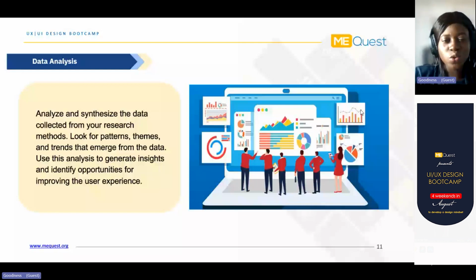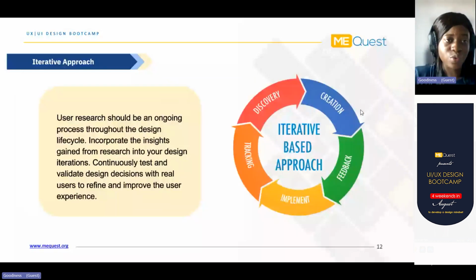Use this analysis to generate insight and identify opportunities for improving the user experience. When you gather all of this data, you are able to know, okay, this is what the user wants, this is what they don't want. I think this is what we should add, this is what we should not add, and all of that.